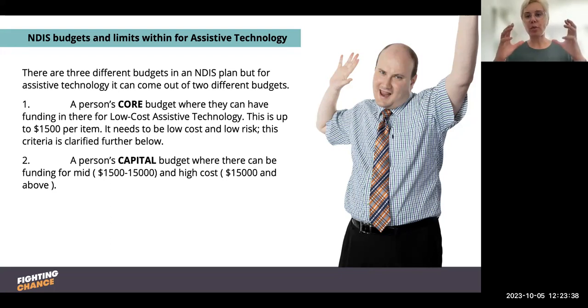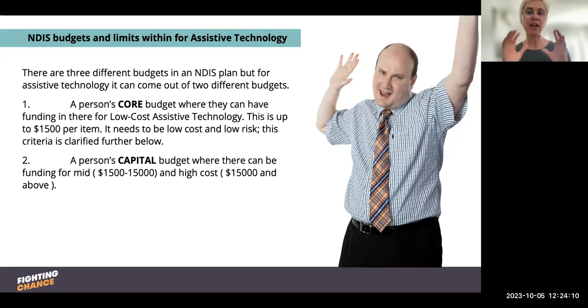When it comes to the core budget, though, if the LAC when you're having your meeting says, oh, I'm going to build in $500 into the core budget for your assistive technology, which can include minor repairs of equipment as well. If you want to use more of your core budget for that, you absolutely can, because there's flexibility within that budget.